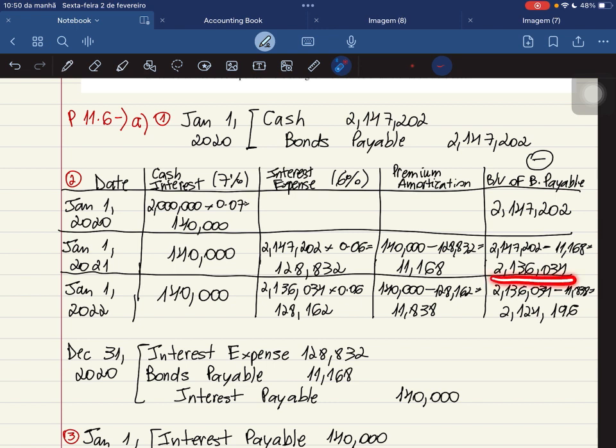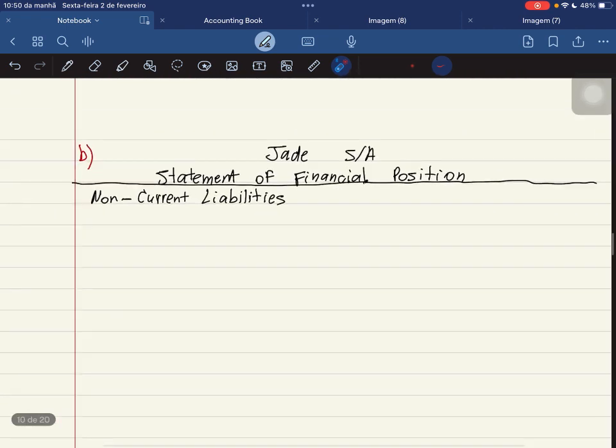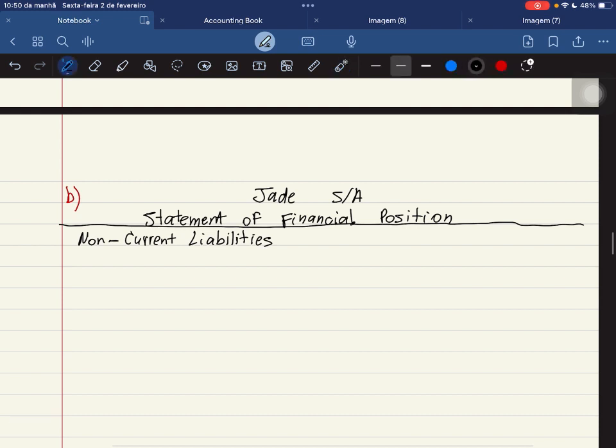We cannot put this one, right? So we actually have to put this number over here. This number is the book value on December 31st of 2021 and the book value on January 1st of 2022. So we would have 2,124,196. Okay.